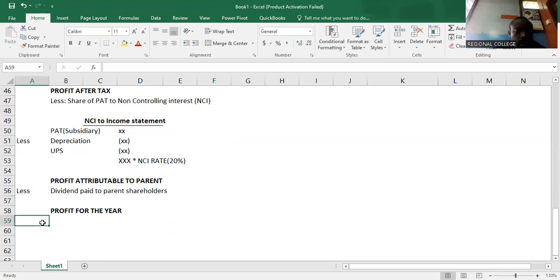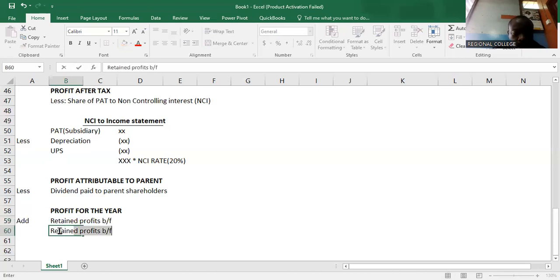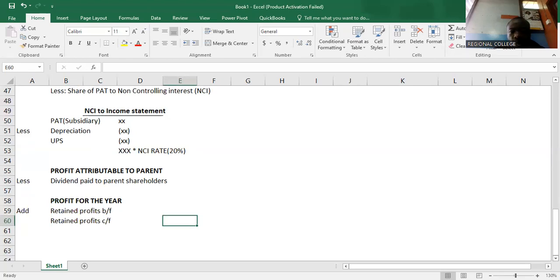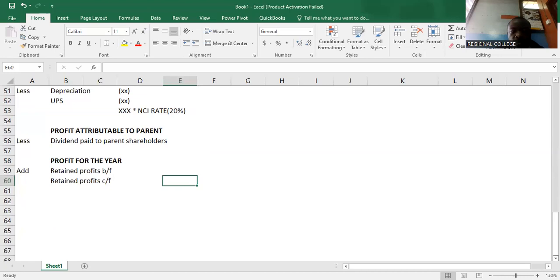So I add retained profits brought forward, so that I get my retained profits carried forward to my balance sheet. So those are how you can adjust those income statement items of a group company.